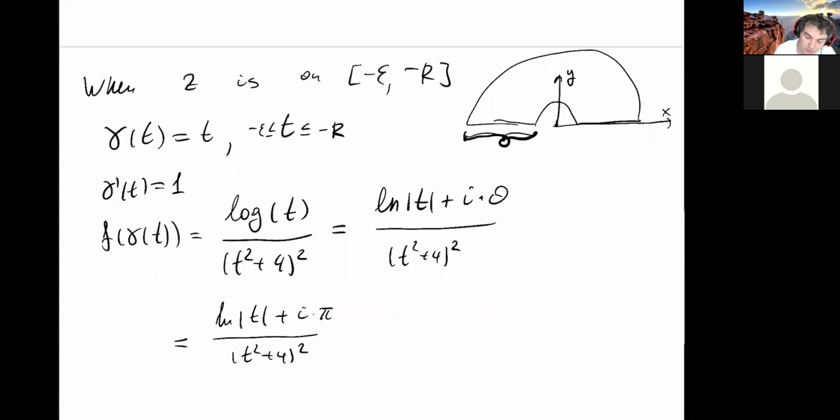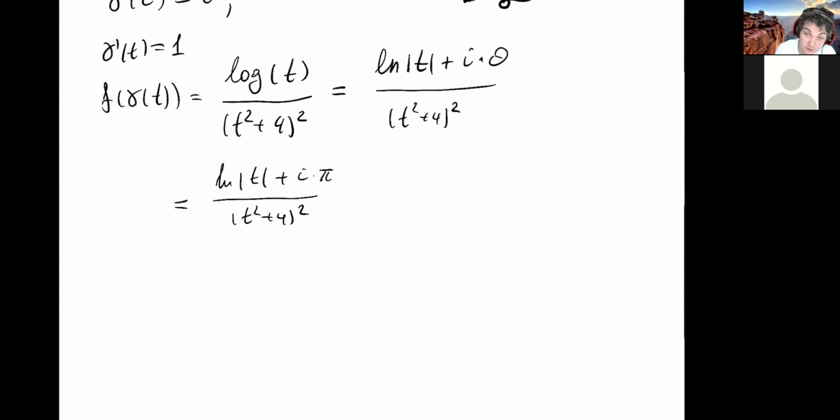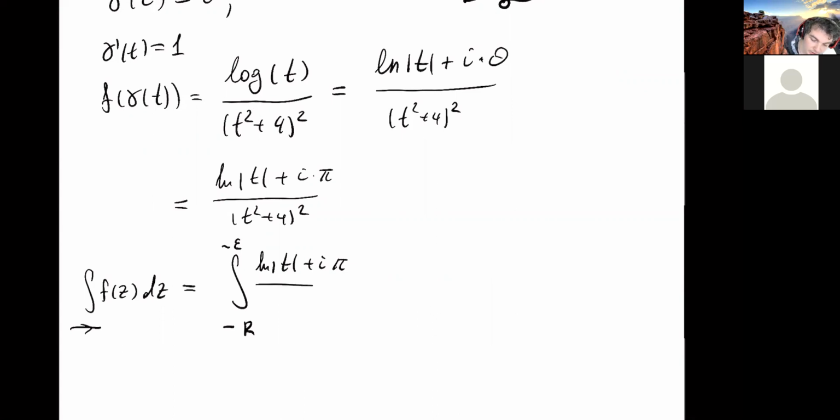And now I need to integrate it. So the integral of f of z over this line segment is equal to this: integral from minus r to minus epsilon of logarithm of absolute value of t plus I pi, divided by t squared plus 4 squared.